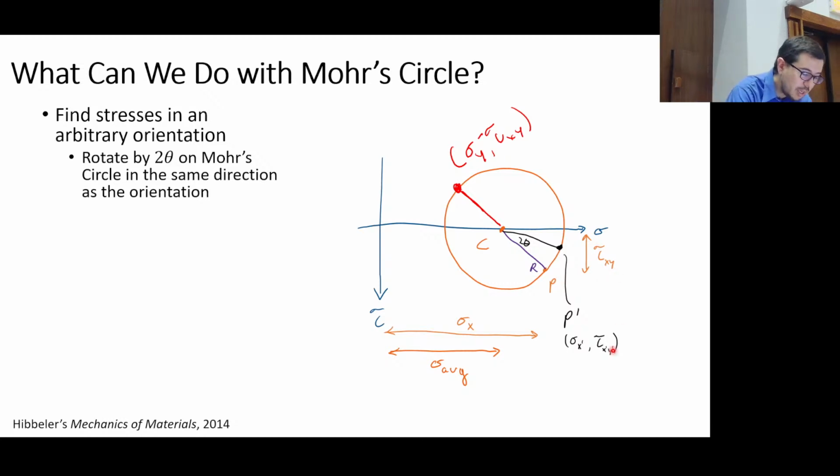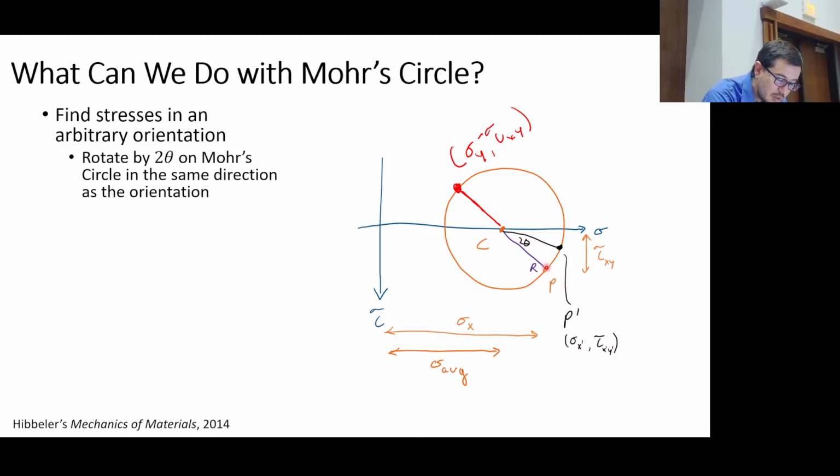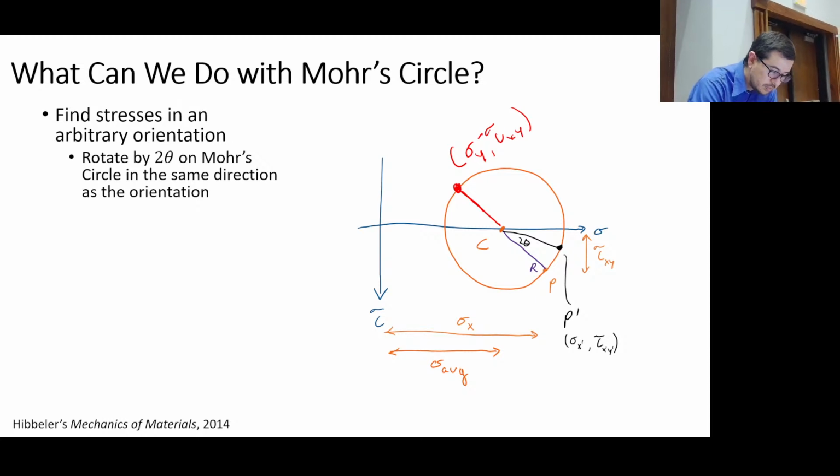All right, so location P, I don't think I have it on here, but see this location P right here? That location P is the starting state of stress with sigma x and tau xy.